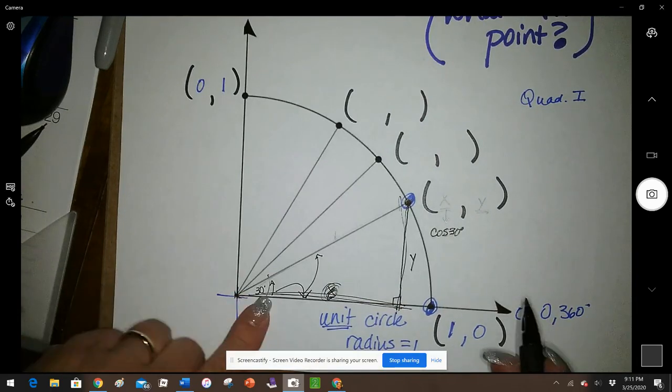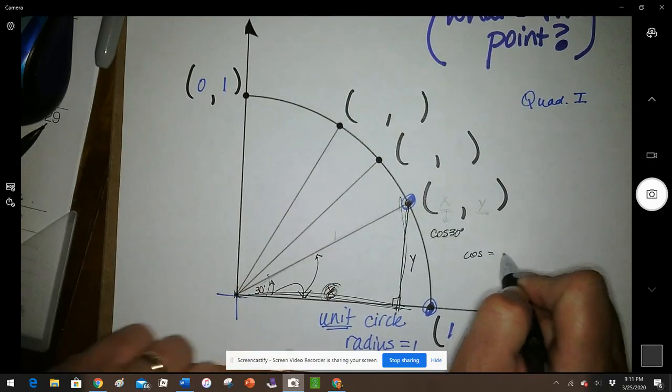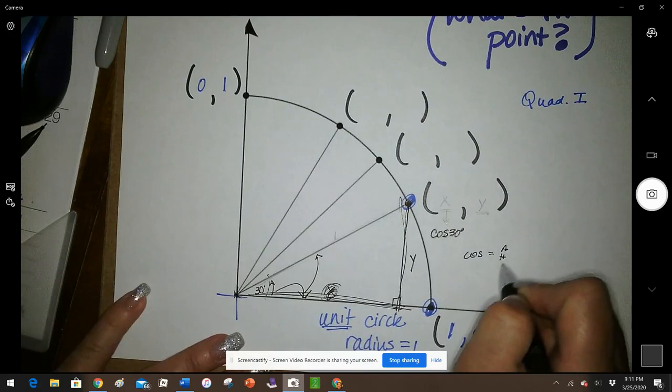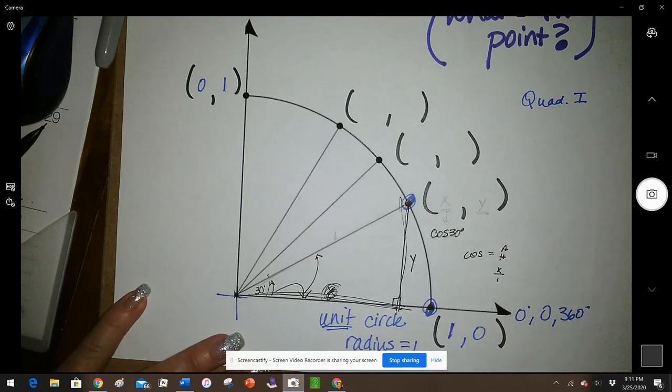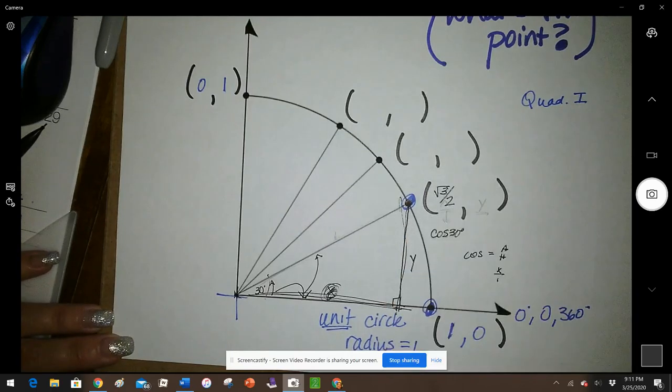So we're looking at the x number over 1. If you look at your chart, the cosine of 30 degrees is root 3 over 2.